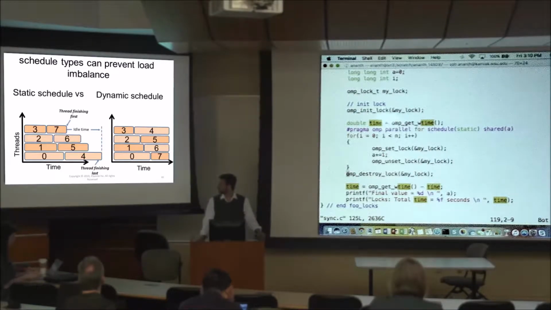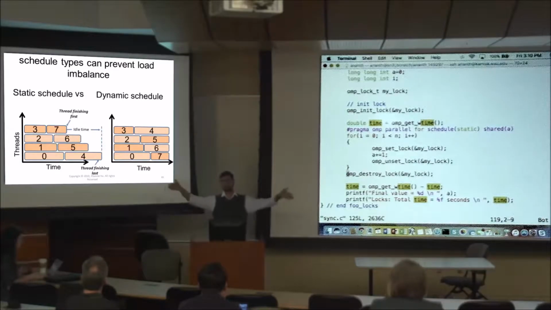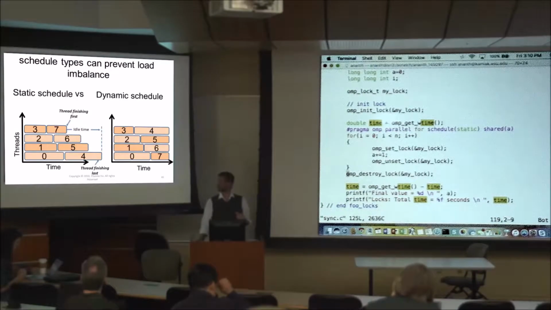It says, let me first start with giving iterations 0, 1, 2, 3 to those 4 threads. Let's see who completes first. This thread number 3 completed the 3rd iteration before anyone else. So it goes and picks up the next available iteration from the queue. So it takes charge of iteration 4. The next one to complete is 2. It goes and picks up iteration number 5 and so on.